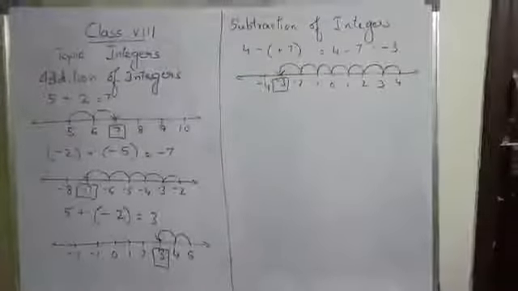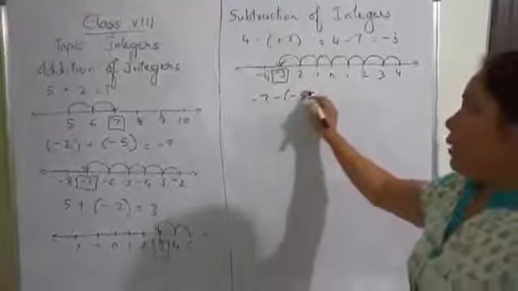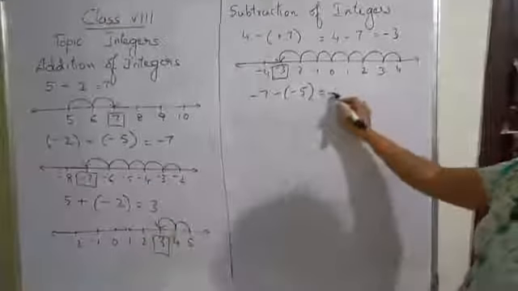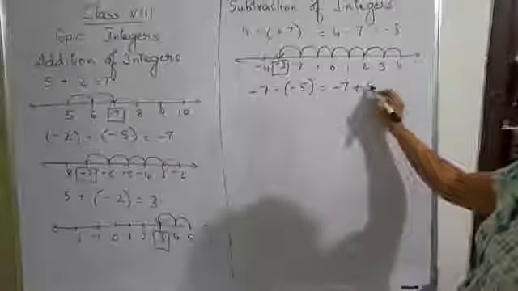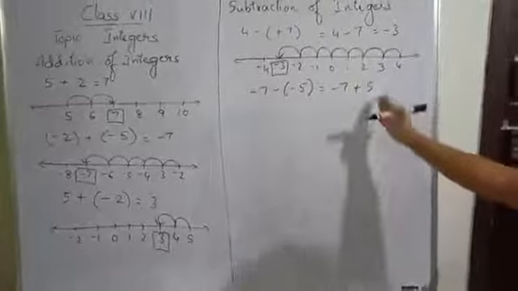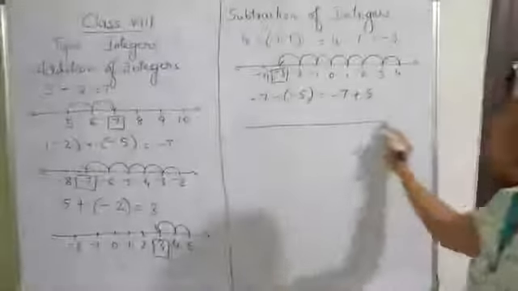Now let us take another example. Minus 7 minus of minus 5. Minus of minus gives you plus. So minus 7 plus 5. That means start from minus 7 and move towards right side 5 steps. Draw the number line.